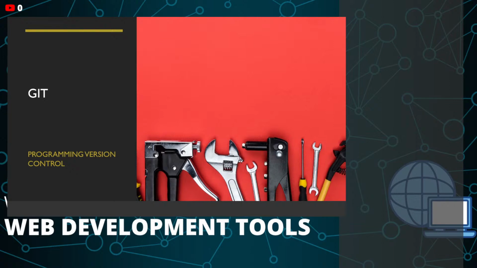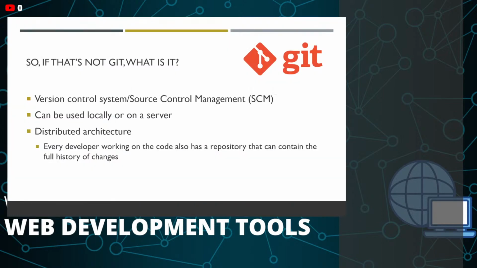And so what exactly am I talking about when I'm talking about Git? Well, I'm talking about version control management, or source control management, SCM. We'll look at the Git website where you get Git in just a few minutes as we start our demonstration today.